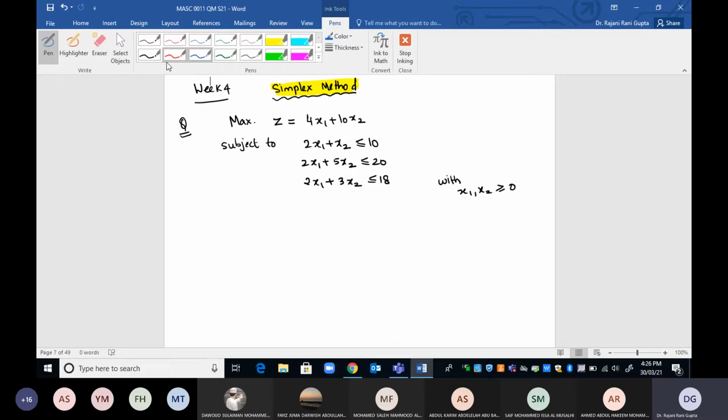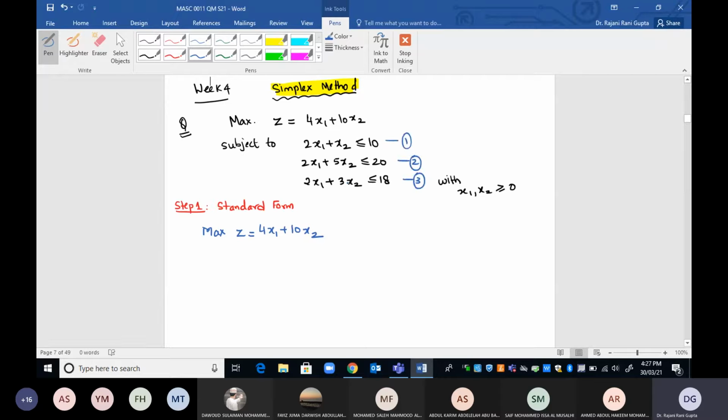So the very first step, as I said before, step 1, standard form. Let's convert it into standard form. Now this objective function is already maximization, so it will not change. It will get changed only after introduction of slack variable that we will add later on, okay? Now we have three constraints, 1, 2 and 3.